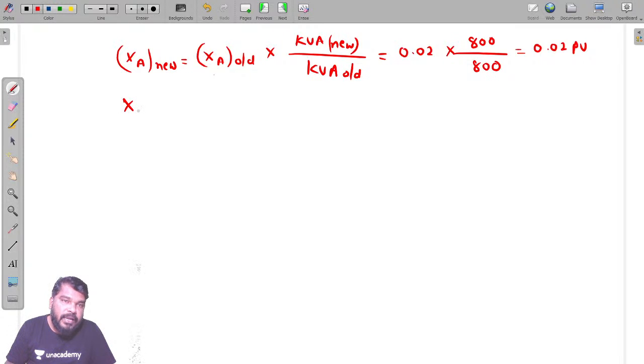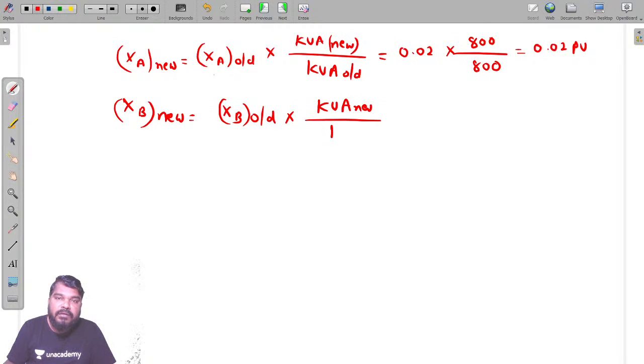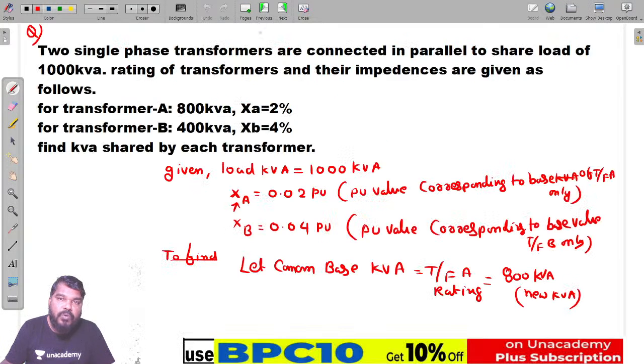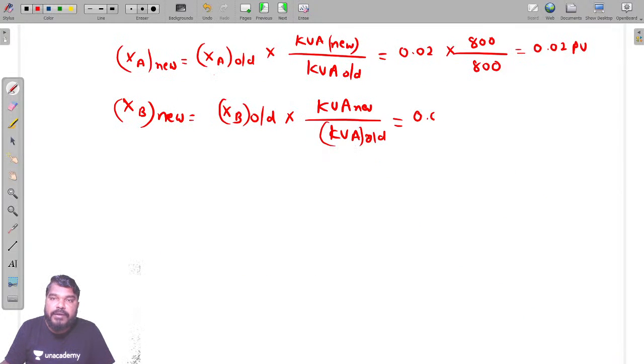Next, XB new is equal to XB old into kVA new divided by kVA old.